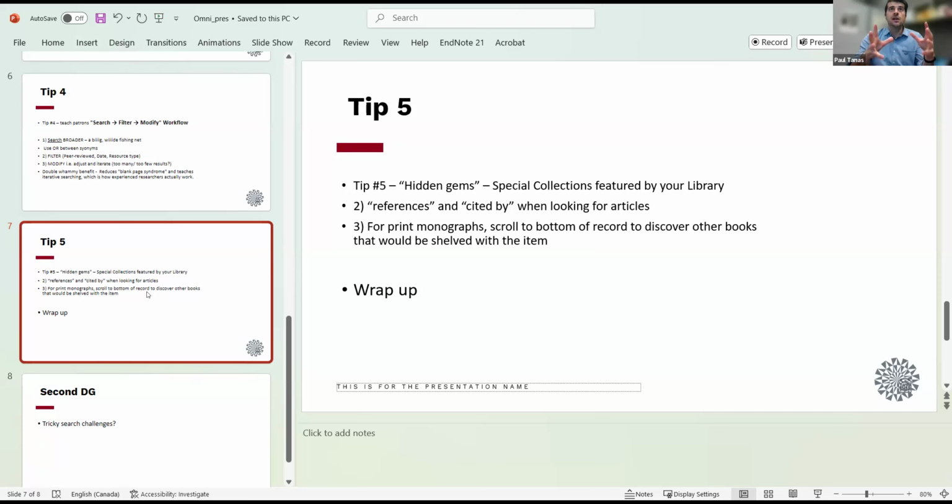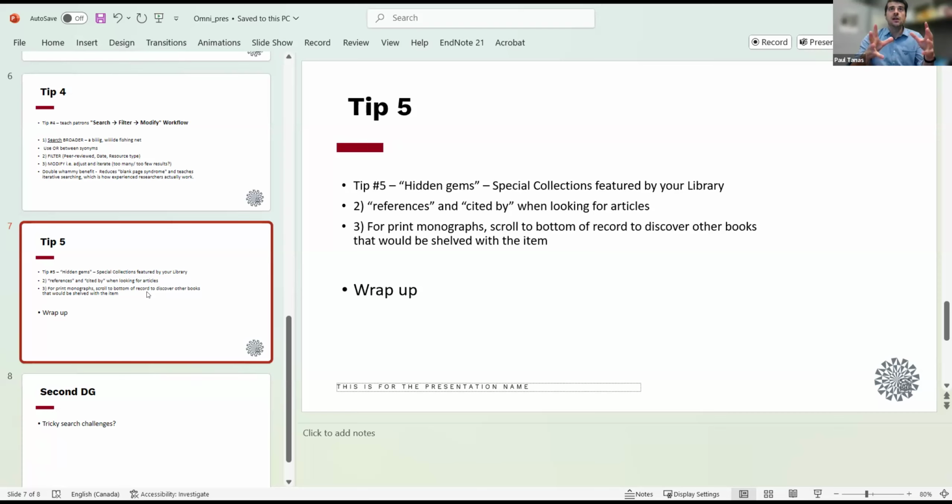So don't feel shy about starting with a big pool of results and resources, and then limiting it by playing with the subject filtering. That's a nifty trick that I would like to share with you.